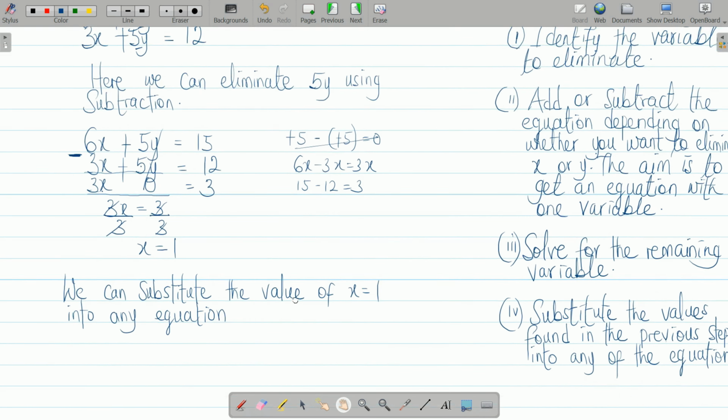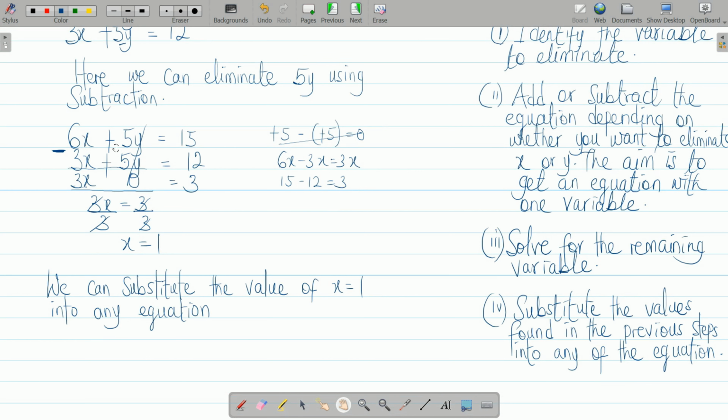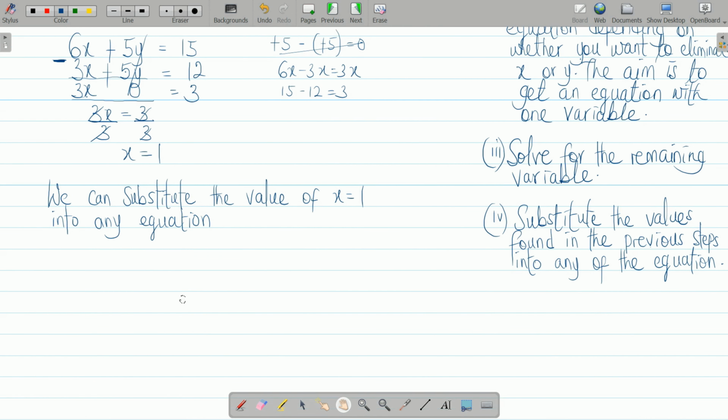So I will be using the first equation, which is 6x plus 5y equals 15. Here I will input the value of my x, which is 1. 6 times 1 is 6, plus 5y equals 15.